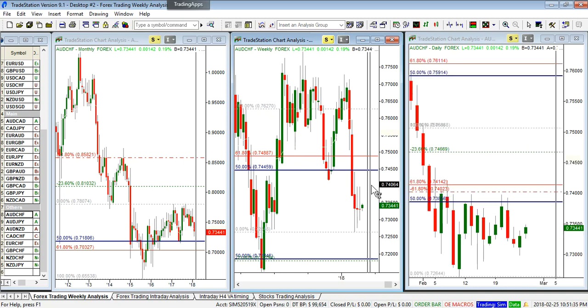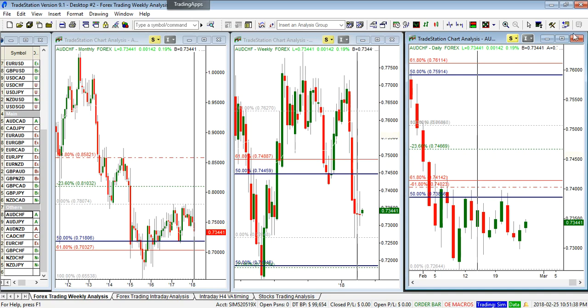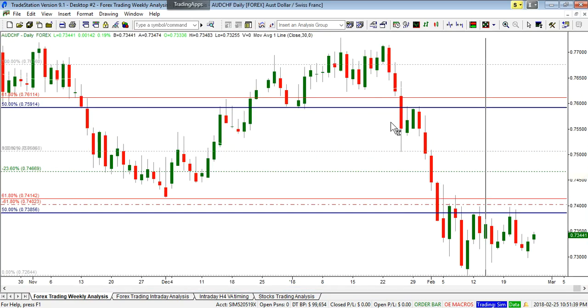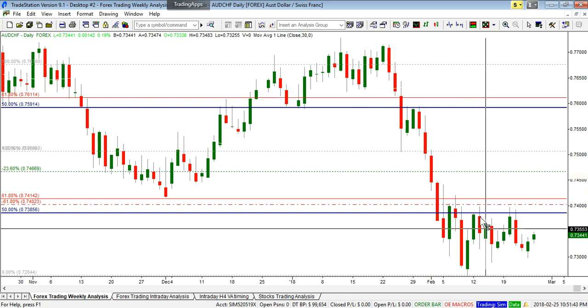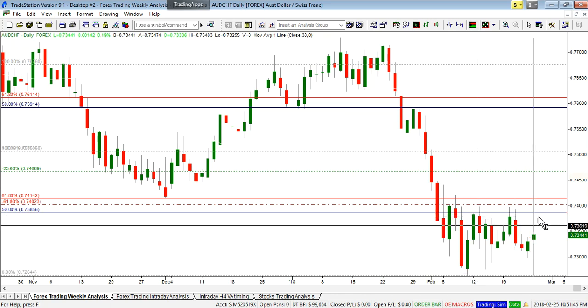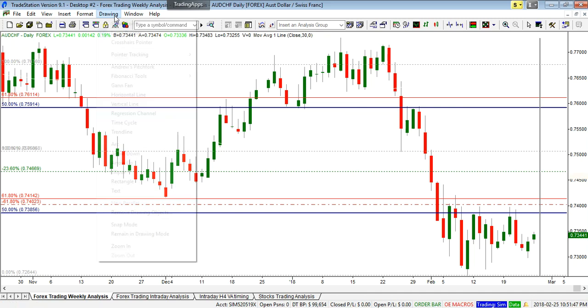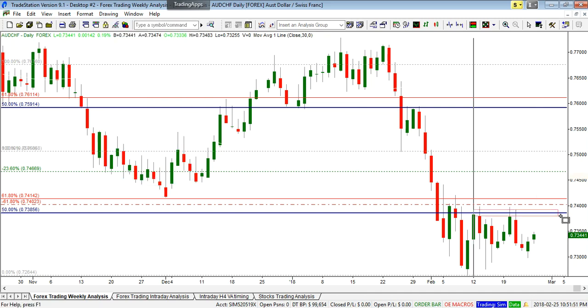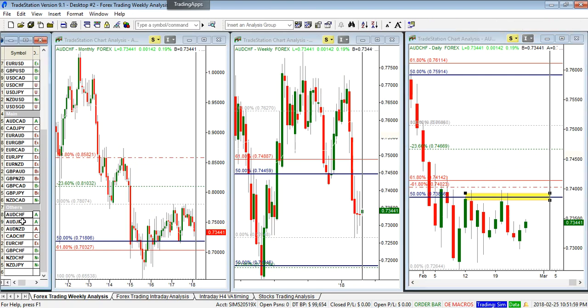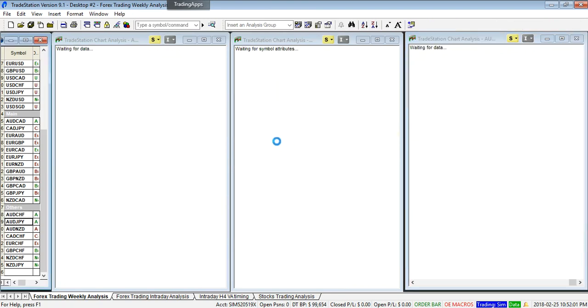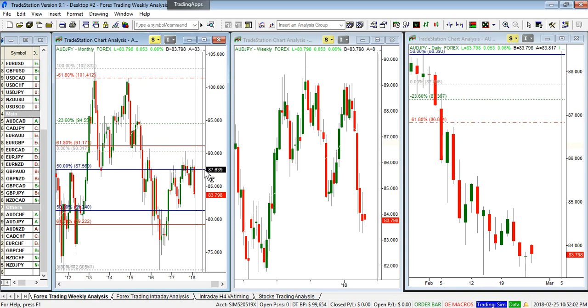In reality, this market has been range bound, and when we open the daily here, we see that the lows to lows have been holding here for once and twice. This could be retested this week. This is an important level to watch. If that level holds again, this market could roll over once again and continue lower into that 71.80, which is the target for any shorts in this market.